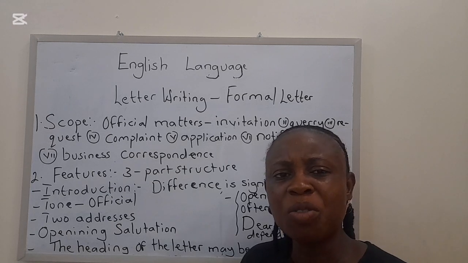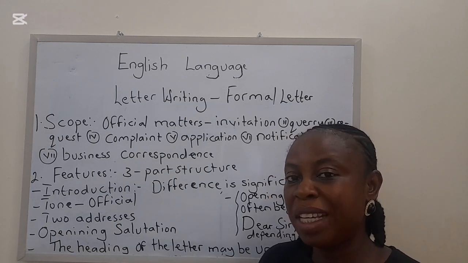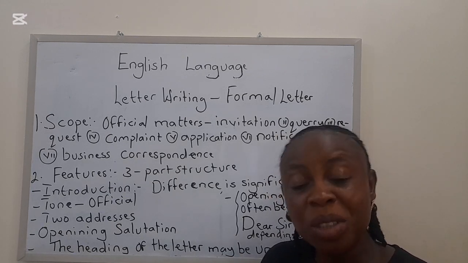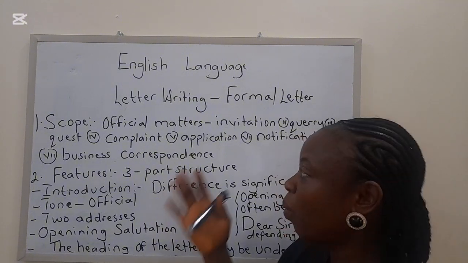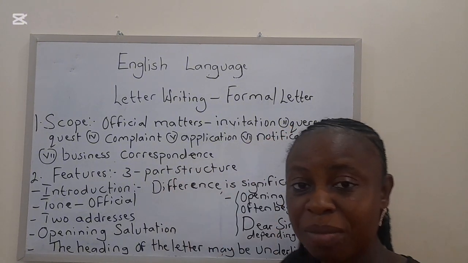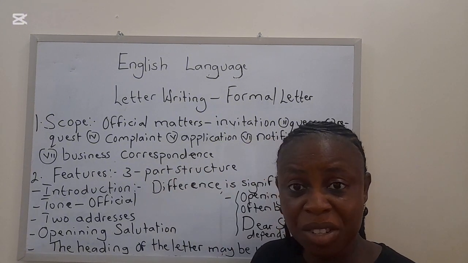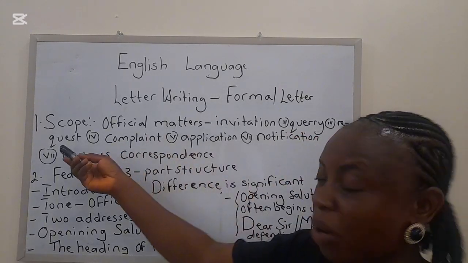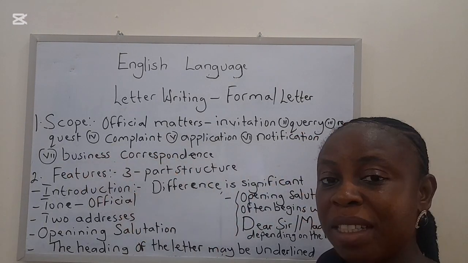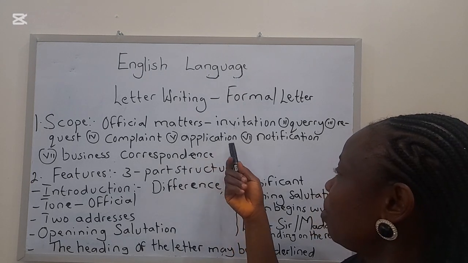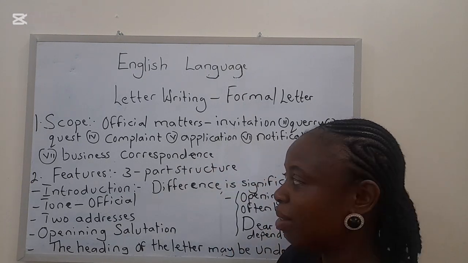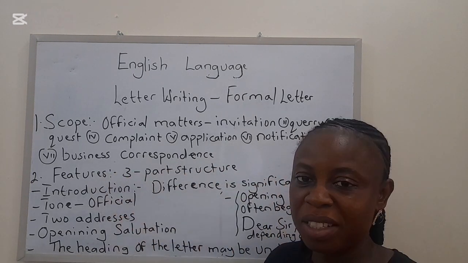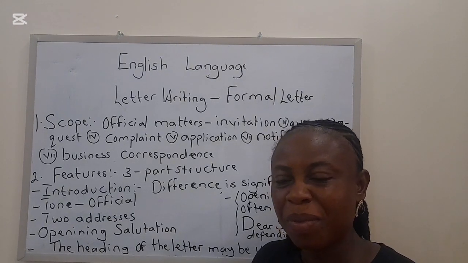What are those types of official matters that we can see under formal letter? We have invitation letter to an occasion, query letter, we have requests, we have complaints, we have application, notification, business correspondence, and so many.